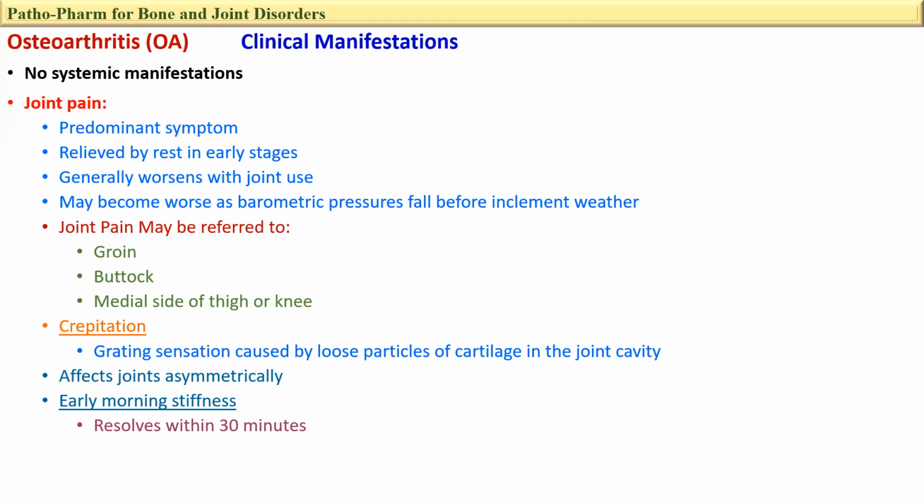It's rheumatoid arthritis that has a symmetrical effect, because RA is a systemic inflammatory disease, so both joints are symmetrically affected. By osteoarthritis, however, joints are affected asymmetrically.